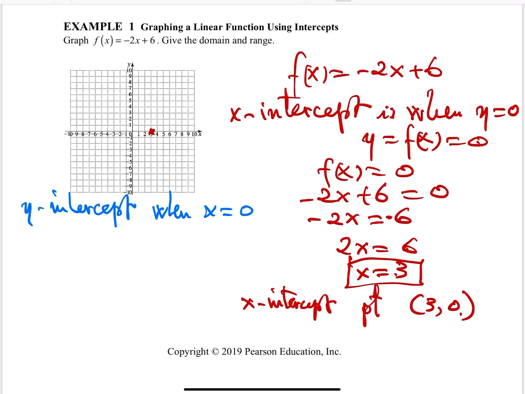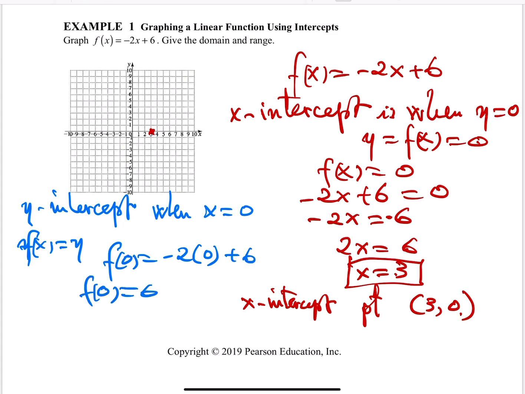That's it. And remember the y-intercept is just f(0), because y is equal to f(x). So here you have x equal to 0, then f(0) is equal to negative 2 times 0 plus 6. So then f(0) is equal to 6.